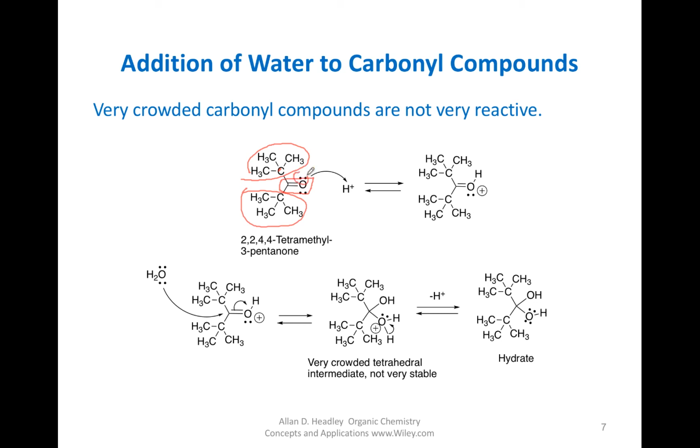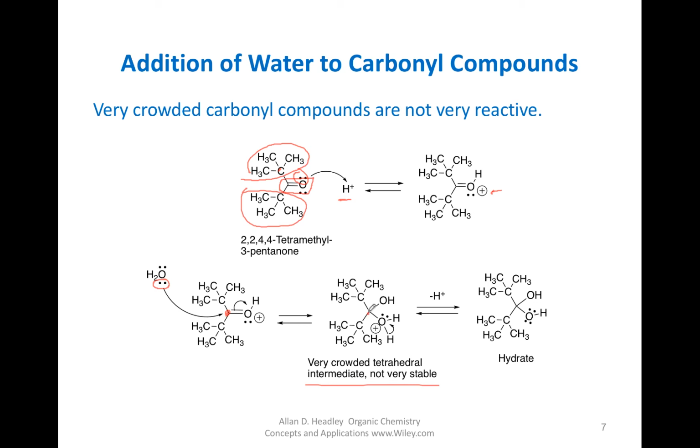These electrons here will bond to the electrophile, H+, to generate this charged intermediate. In the next step, a pair of electrons from water adds to the electrophilic carbon to generate the tetrahedral intermediate.